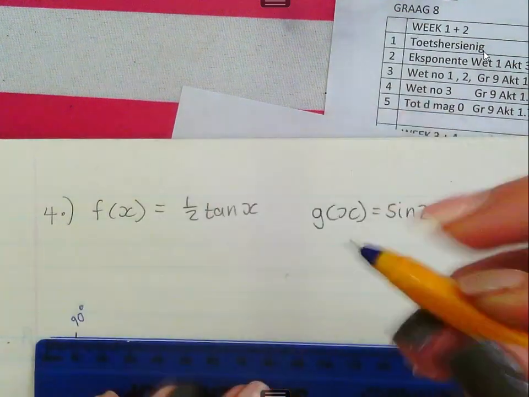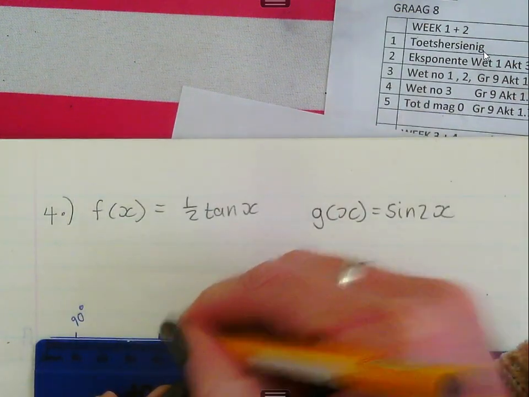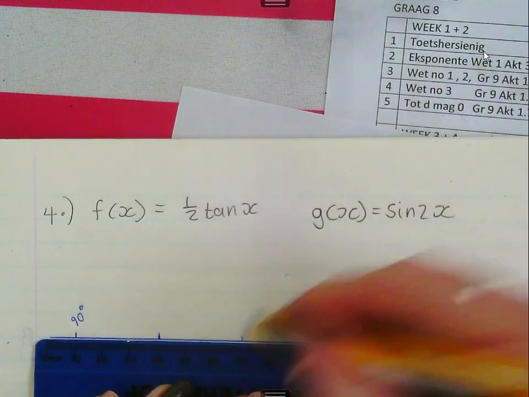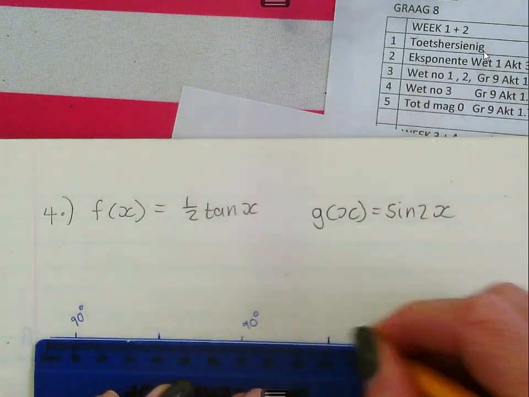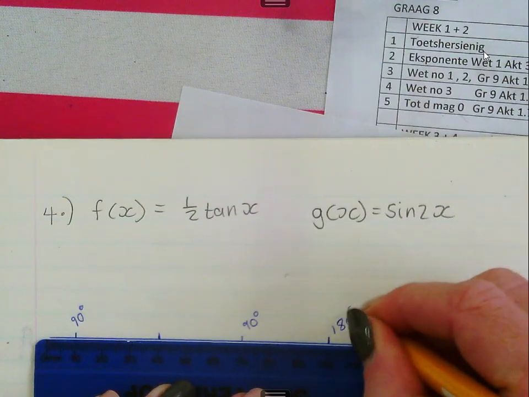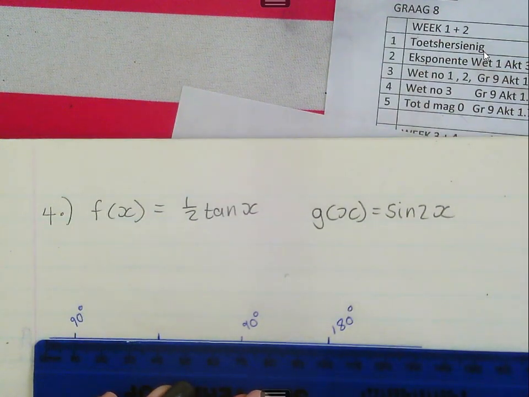Now the problem with this is because the one graph is tan and the other graph is sin. Now I told you guys with tan my critical points will be at 45 degrees, but with sin it's at 90, 180 and 30 and 60.